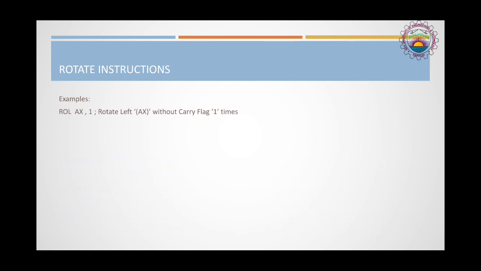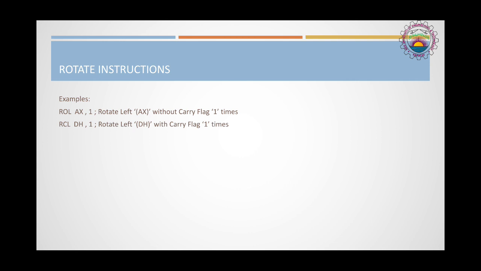Now we have some examples for rotation instructions. ROL AX, 1: rotate left AX without carry flag one time. 1 is the count, and AX is the register on which you have to perform the rotate left without carry flag operation. Now RCL DH, 1: rotate left with carry flag on the DH register one time.